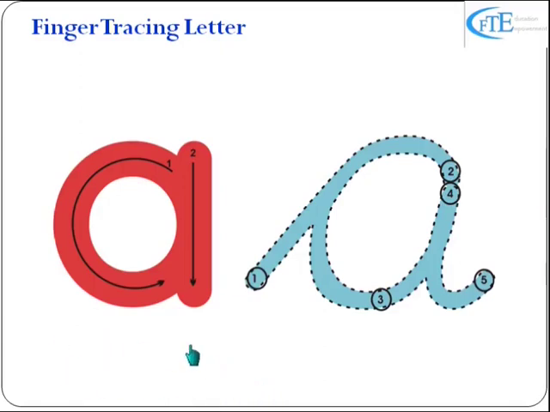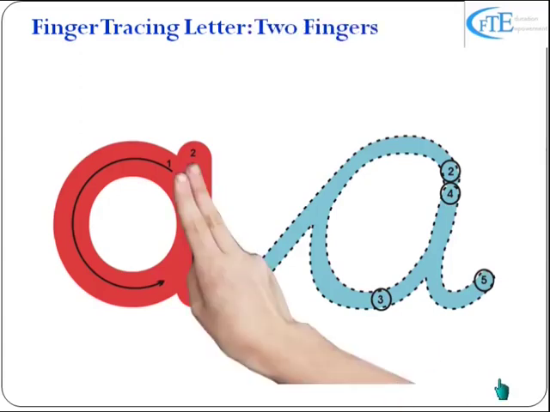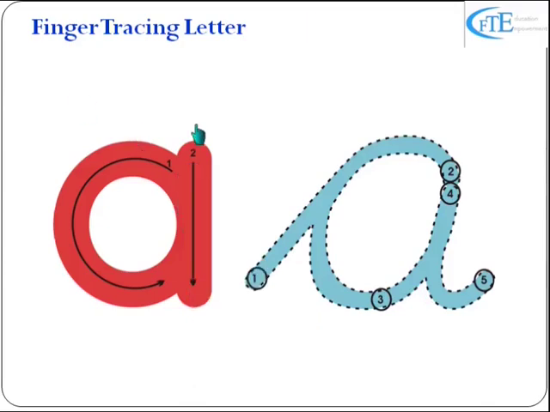You could focus only on print, or if you want, you could have both print and the cursive letter placed side by side. Let your child only say the sound and finger trace the letter. Use the two-finger technique. A. When the child is tracing the cursive letter, the child should not lift the finger.